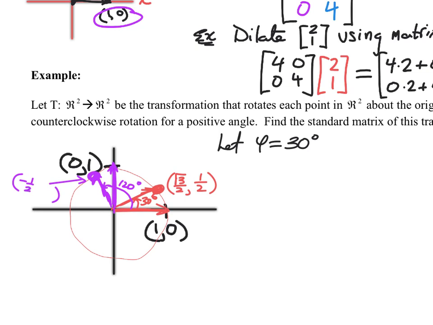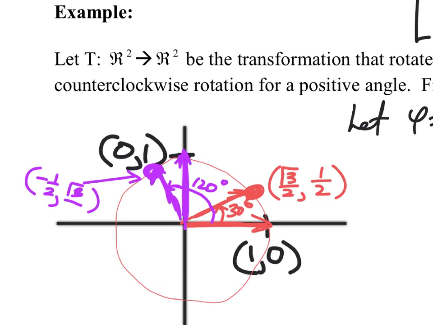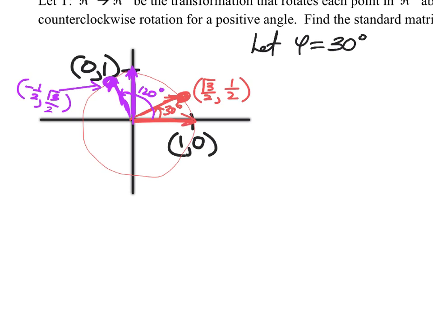So negative 1/2, radical 3/2. This is what we call a red flag, folks. Well, I'll talk to you about the bonus in a minute, and that'll maybe help.